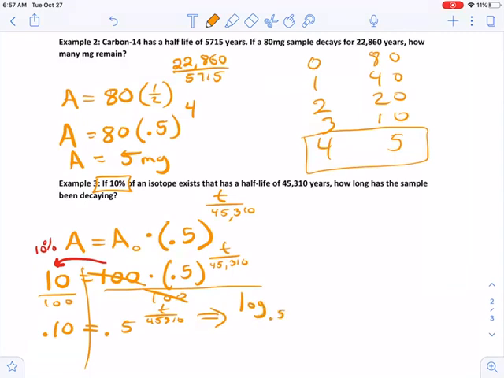In order to solve this, I'm going to take log base 0.5 of both sides. So log base 0.5 of 0.10 equals t divided by 45,310. So I'm going to calculate that left-hand side. So I end up getting 3.321 equals t divided by 45,310, and then I'm going to multiply both sides by that number.